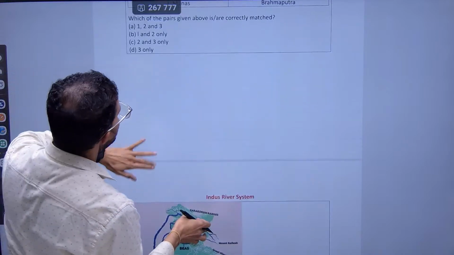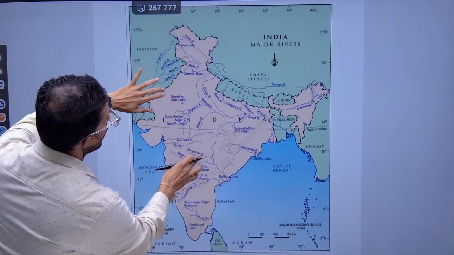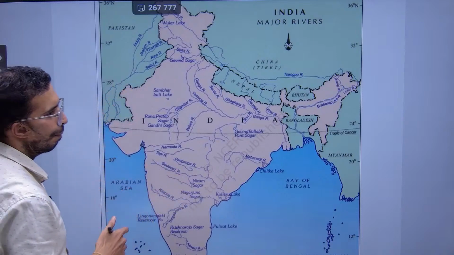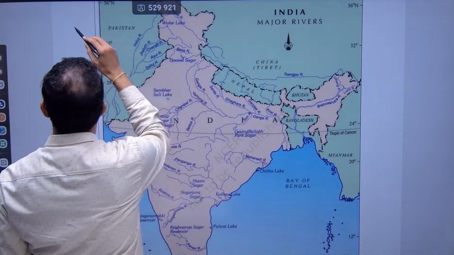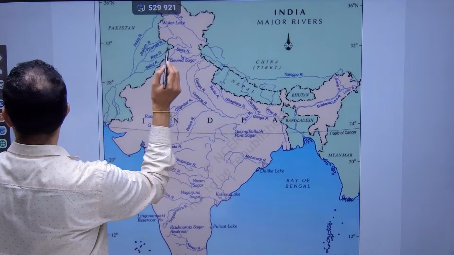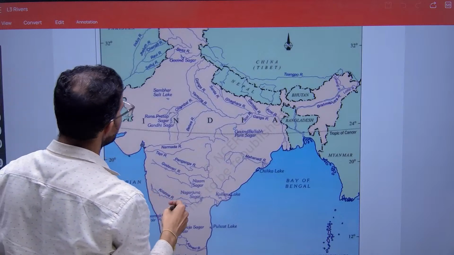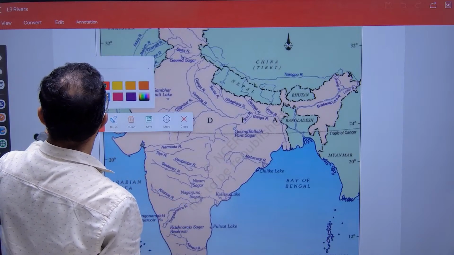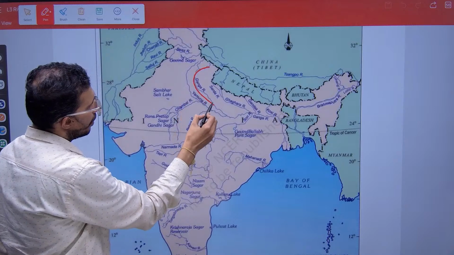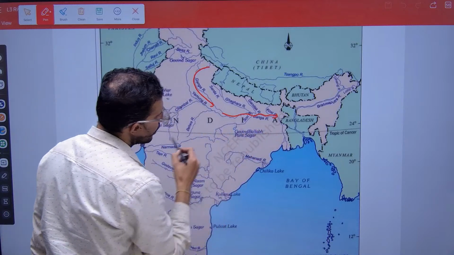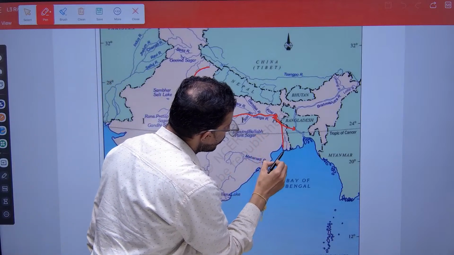Ganga river system. Please see the map. If you see the Ganga river system, this is the Ganga river, the Ganga river and its tributaries, and it goes over here and it also goes over here.